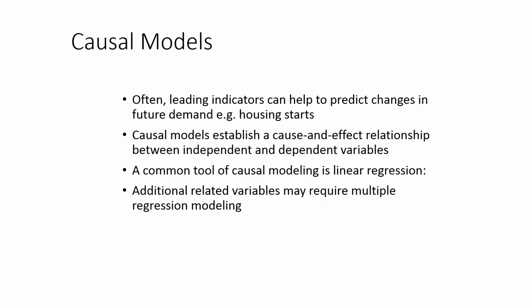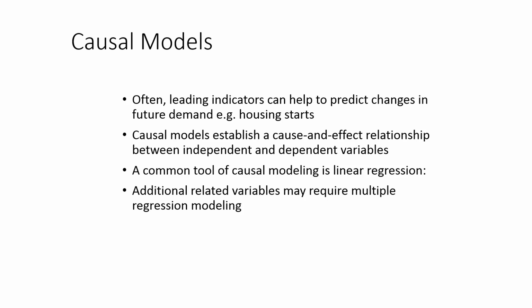The causal models are a little different in the sense that what we're looking at here is the relationship between 2 variables. Often leading indicators can help us predict changes in future demand. For example, housing starts. Housing starts is definitely a causal variable to a number of other variables.